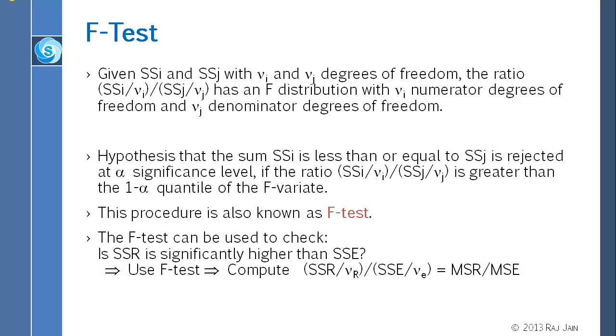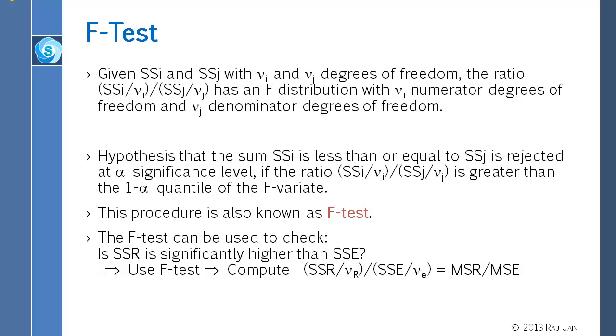Given SSi and SSj with nu i and nu j degrees of freedom, the ratios have F distribution with nu i numerator degrees and nu j denominator degrees of freedom. So F distribution has two parameters: the numerator degrees and the denominator degrees of freedom. Whatever ratio we divide, we have to know that, and then we can do the test.